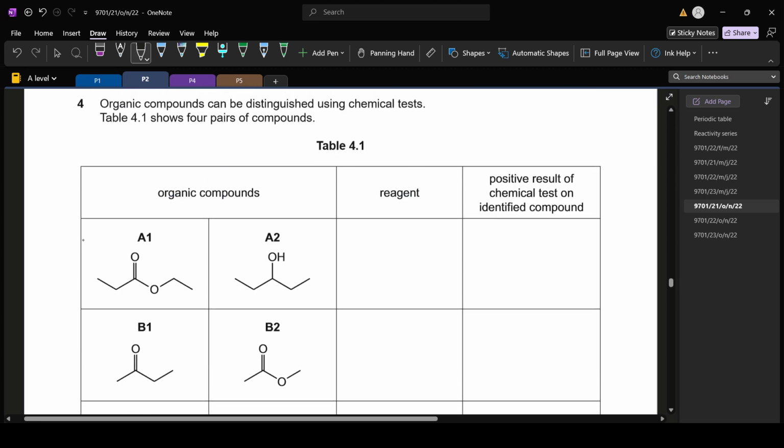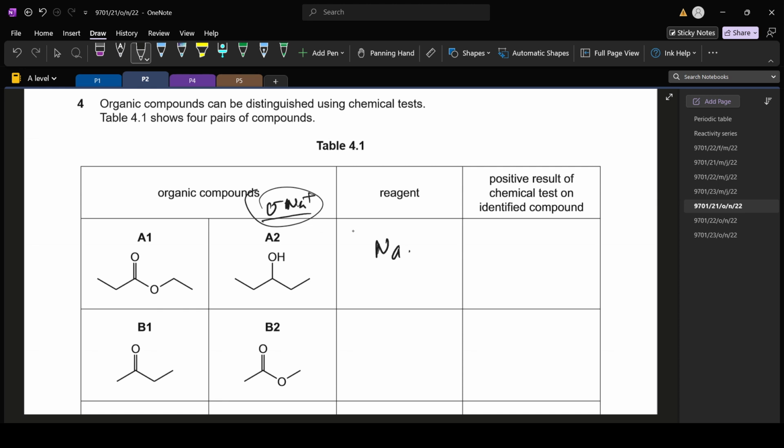Now for the first pair, you have ester and alcohol. How will you tell them apart? You have to choose a reagent which reacts with one of them. If I choose sodium, sodium will react with the alcohol to form O negative Na plus, the hydrogen will be substituted, and the hydrogen released will show bubbles, effervescence.